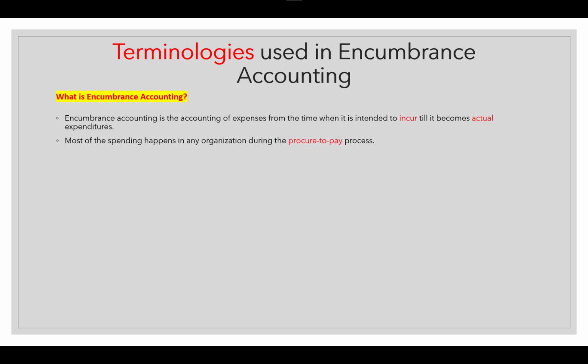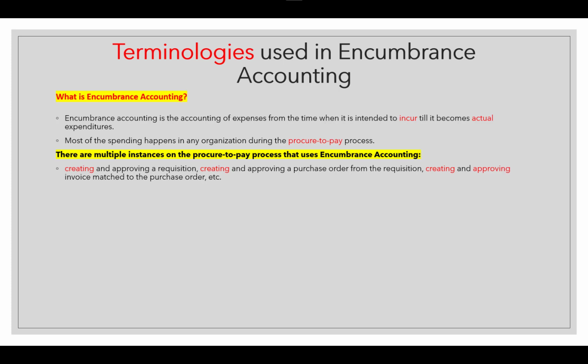Most of the spending in any organization happens during the procure to pay, or P2P, cycle or process. There are multiple instances in the procure to pay process that use encumbrance accounting, for example creating and approving a requisition, creating and approving a purchase order from the requisition, and creating and approving an invoice matched to the purchase order.